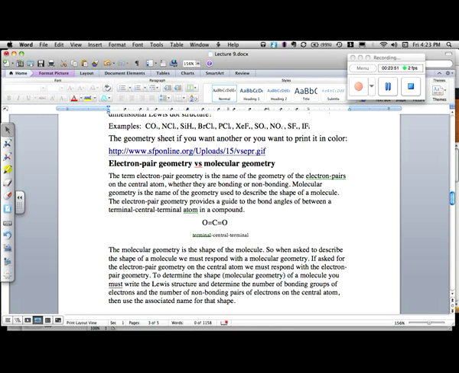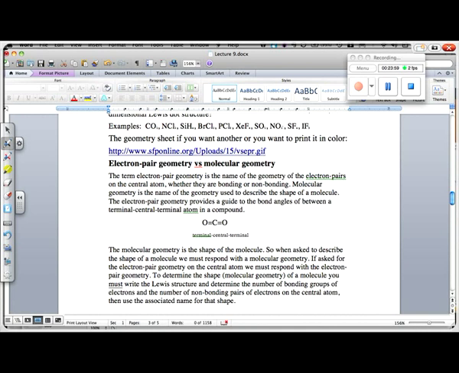Okay, now let's just talk about this example and bring a little vocab in. All right, so this is the carbon dioxide molecule. What's missing on the Lewis dot structure are the lone pairs that should be on the oxygens. But this is the Lewis dot structure for carbon dioxide. What we're going to be focusing on always in determining shape is the central atom only.